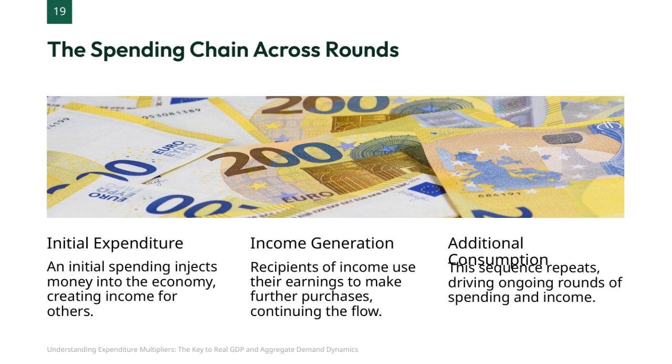Finally, additional consumption occurs as this sequence repeats, driving ongoing cycles of spending and income. This continuous process highlights the dynamic nature of economic activity and how one initial expenditure can ripple through the economy multiple times. The image of the scattered euro banknotes helps visualize the movement of money at play here.